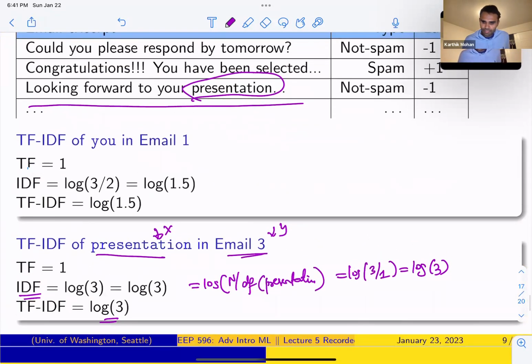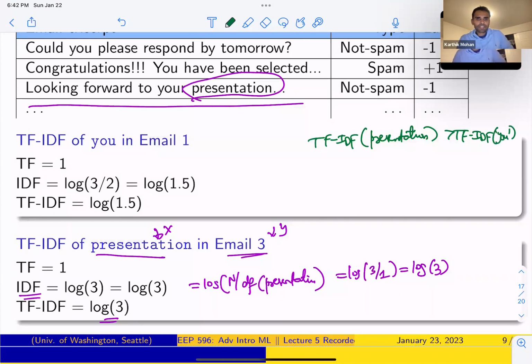So this tells us, just to summarize, that the Tf-Idf of presentation is greater than the Tf-Idf of you.